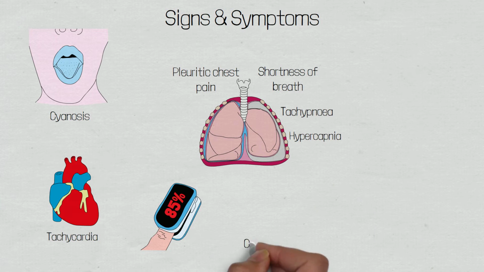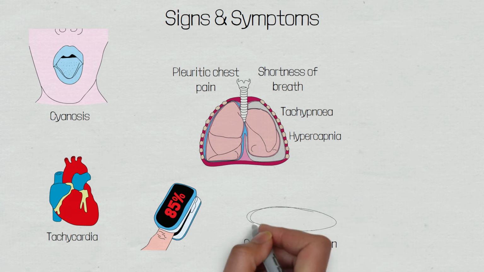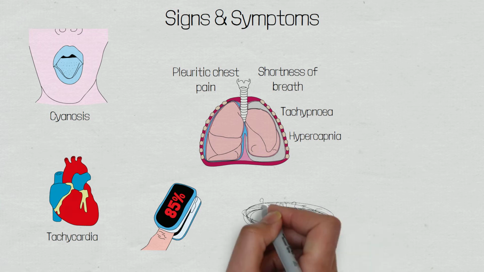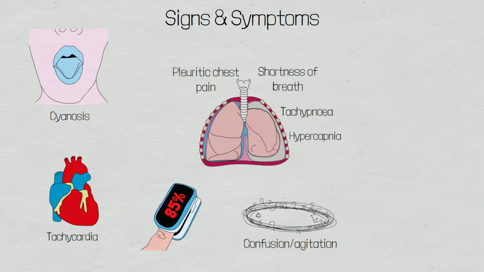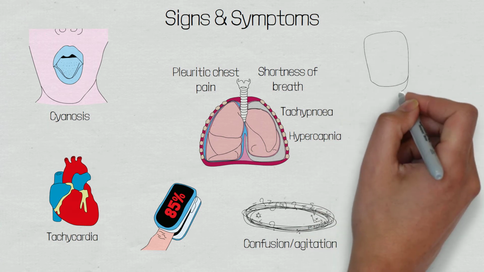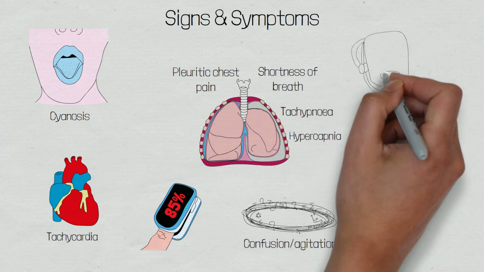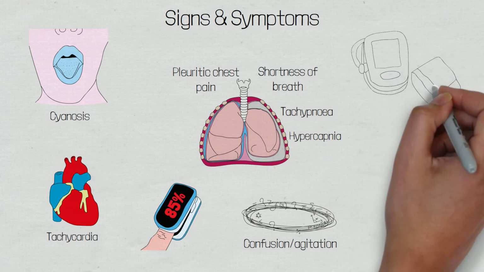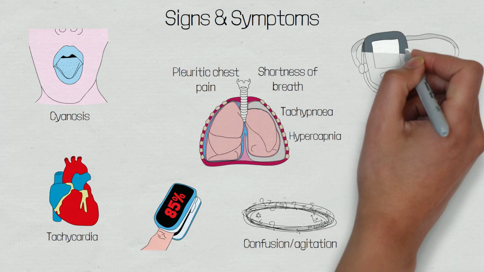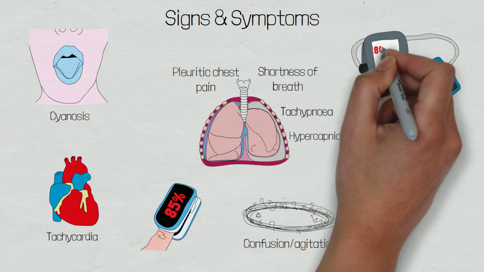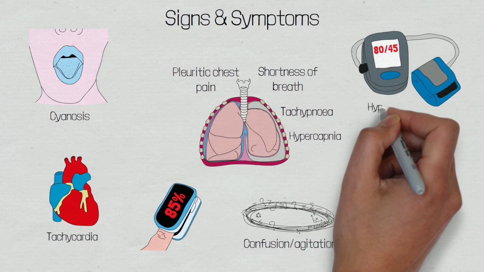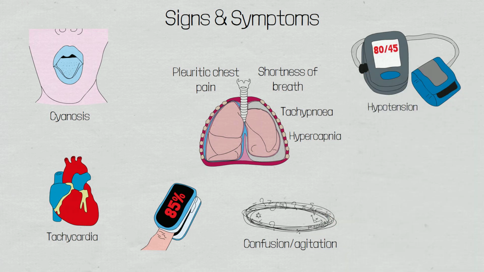Patients may be confused or agitated, which can be caused by hypoxia if the patient is failing to compensate. The patient may be hypotensive, more commonly seen in a tension pneumothorax due to kinking of the vessels in the mediastinum, but can also be caused by the disruption of venous return.